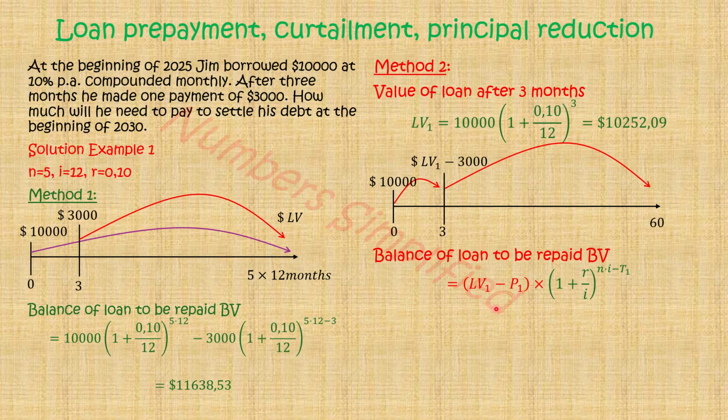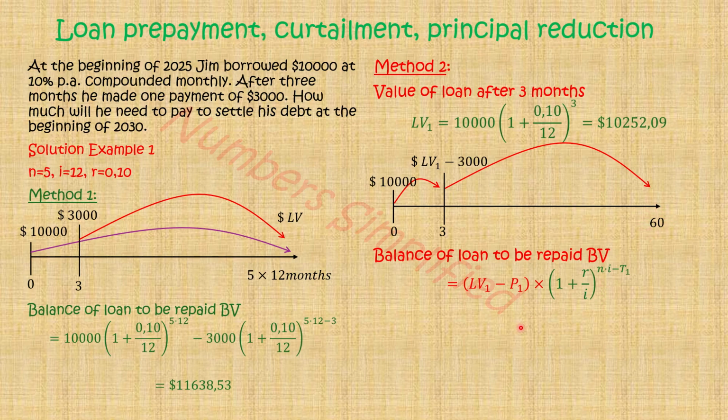So we find the difference between the two, times the interest that will be accrued from 3 months up until the end of the period where the whole loan is due. So we know that since we're calculating from the 3 months, we are going to subtract 3 months from the time the loan is due.